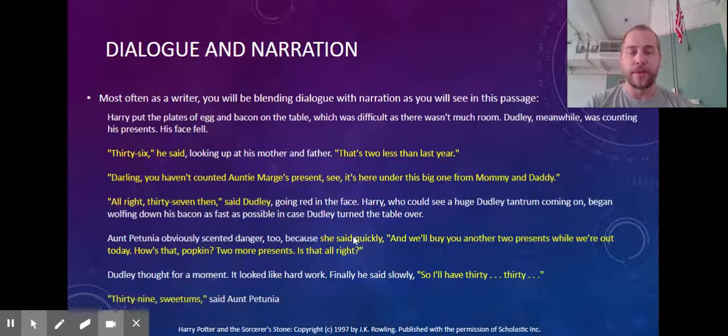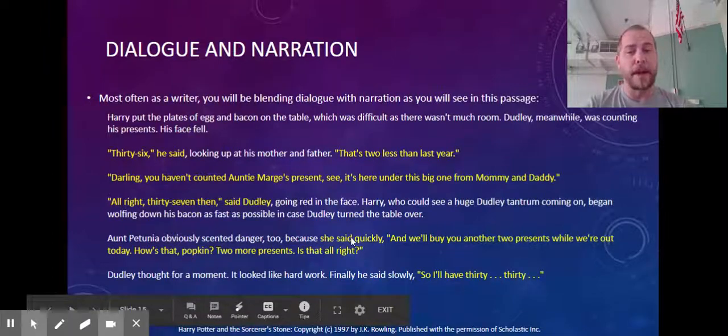And so the writer knows that they have to start a new paragraph to accommodate this new speaker. But they know that this piece of narration fits better with this dialogue and this paragraph than it does up here. And so you don't necessarily always want to wait until the dialogue starts to start a new paragraph. You want to start a new paragraph where it makes most sense in the narration.